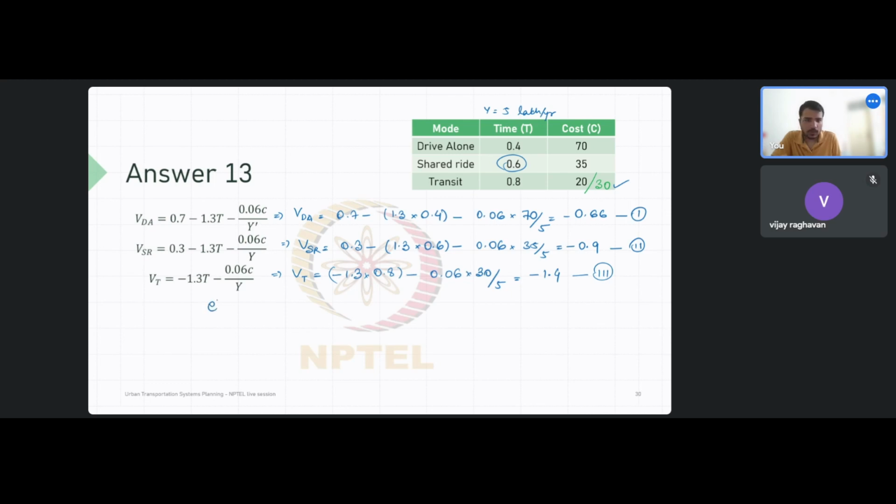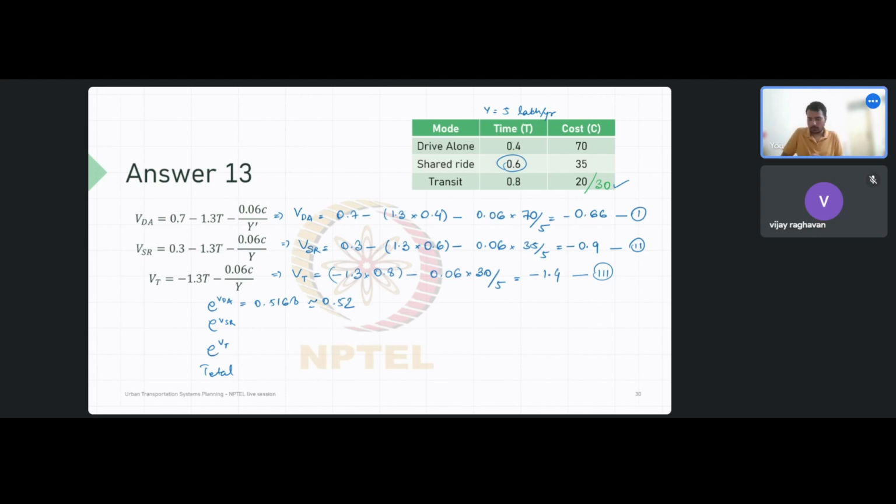So let's take the exponents. e power VDA, e power VSR, e power VT, then we'll have the total. So this is coming out as 0.5168, around 0.52.